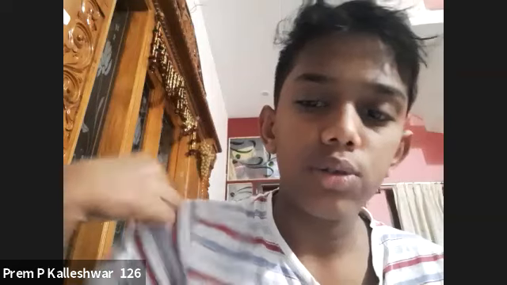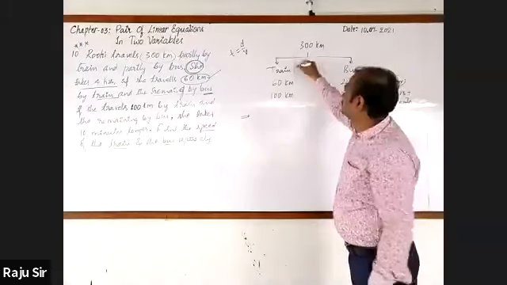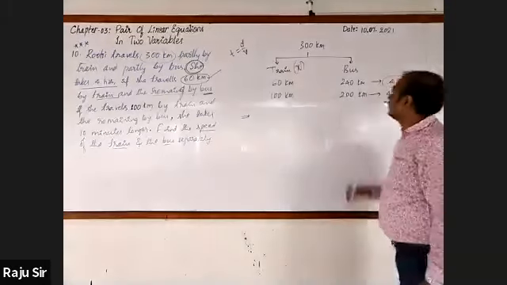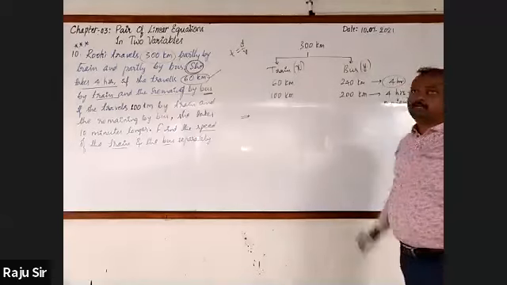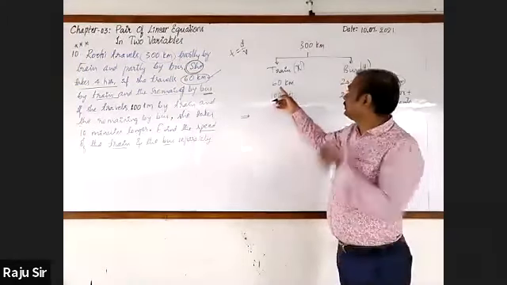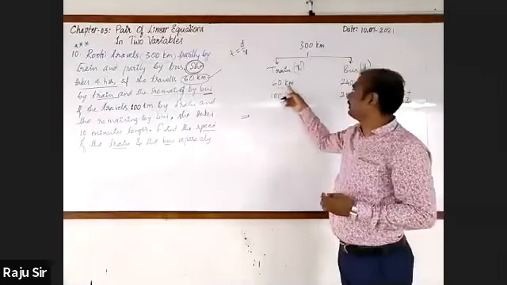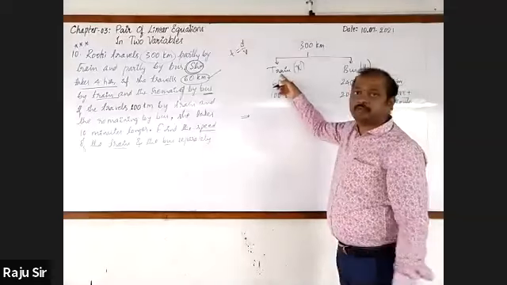60 by x plus 240 by y equals to... You notice, I take the speed of train as x kilometer per hour and bus as y kilometer per hour. Now, distance covered by Ruhi, time taken by Ruhi to cover 60 kilometer by train.